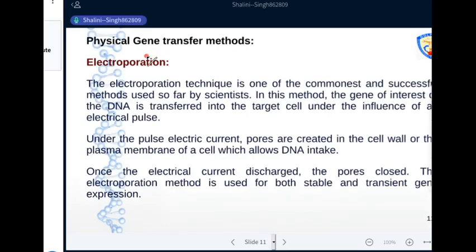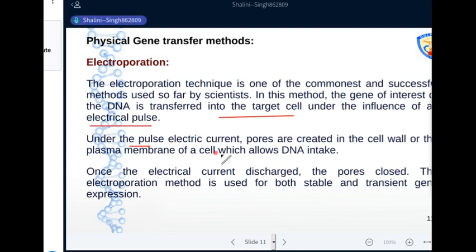In case of physical gene transfer method, first we are going to discuss that is electroporation. The electroporation technique is one of the most common and most successful methods used for direct gene transfer. In this method, the gene of interest or the DNA is transferred into the target cell under the influence of an electric pulse.